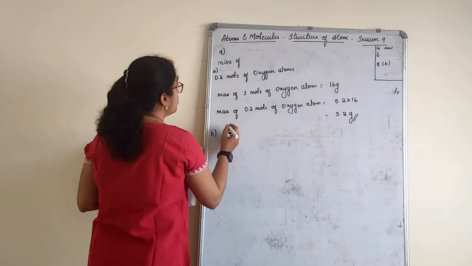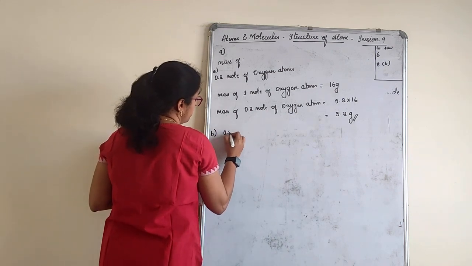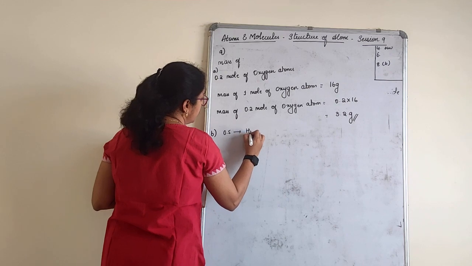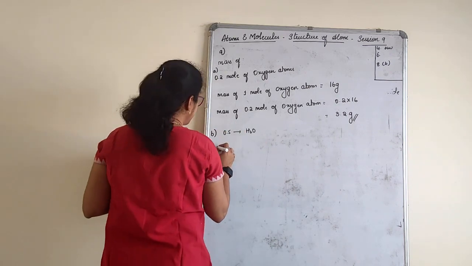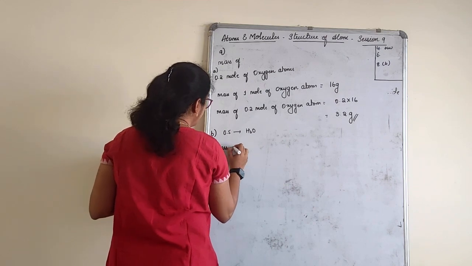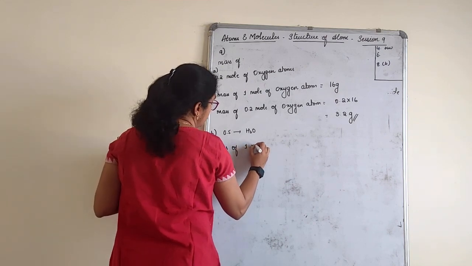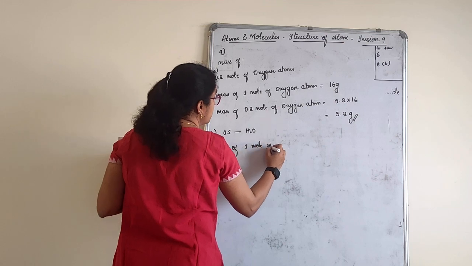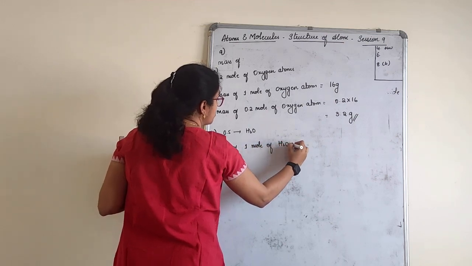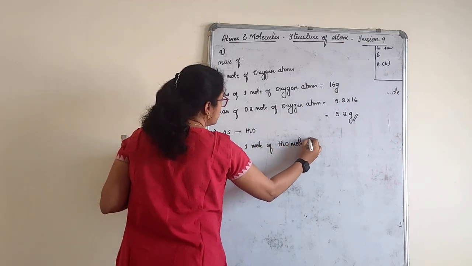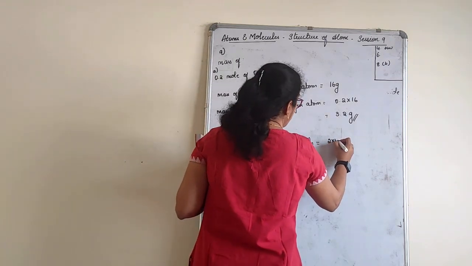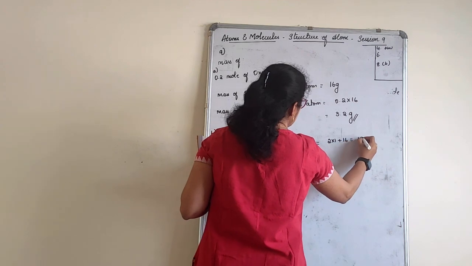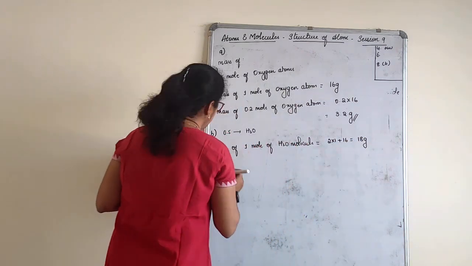Next one, 0.5 mole of water molecules. 0.5 mole of water molecule is H2O. We know H2O is 18. Still we'll write. Mass of 1 mole of H2O molecule is equal to how many grams? 2 into 1 plus 16 is equal to 18 grams.